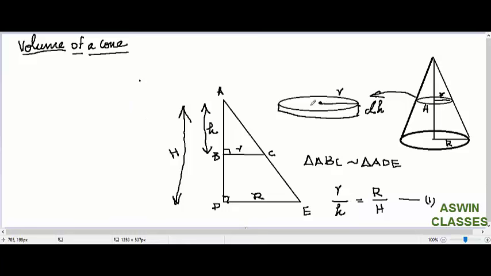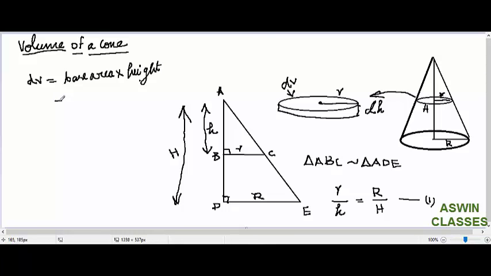Now, this is actually a cylinder of small thickness dh and base circle of radius r. So its volume dV will be base area into height.